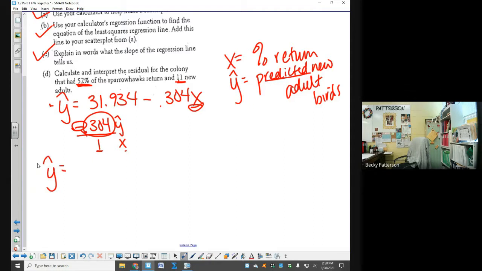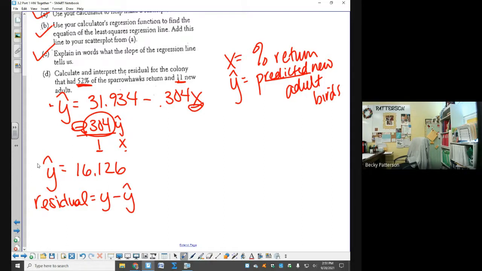Who's got a Y hat? 16.126. 16.126. Confirm? Yes? Okay. So there's Y hat. That's not the residual. Residual, and again, I'm going to use my formula, Y minus Y hat. Then I'm going to plug it in.